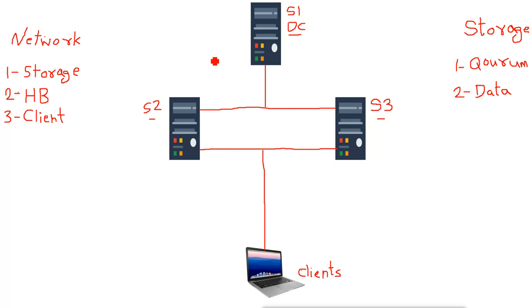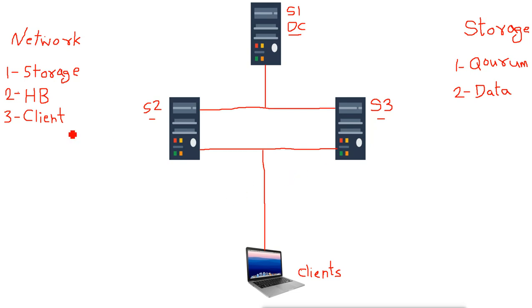Server 2 and server 3 will be members of the domain. They don't have Active Directory, they are just Windows Server 2016 operating system, and we have made them members of our domain. So these are the two member servers we have.